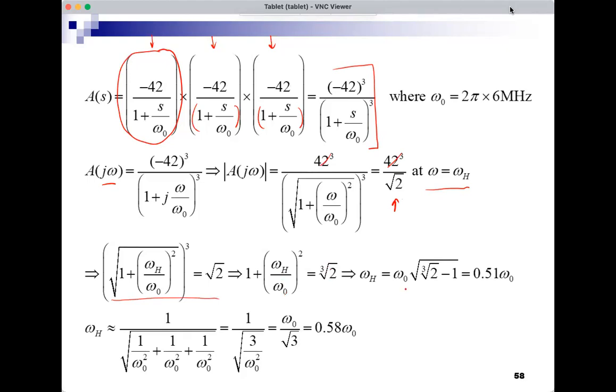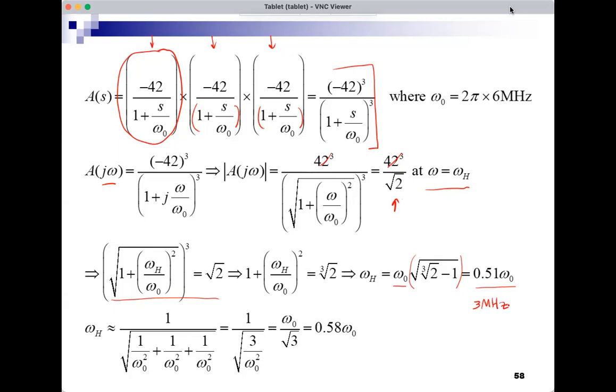And this will give me omega H in terms of omega 0 times this factor, which is around 0.5. So 0.51 omega 0. So the overall omega H, when I have 3 amplifiers with the same omega 0, would be half. So the overall amplifier has a 3 dB frequency of 3 megahertz, not 6.